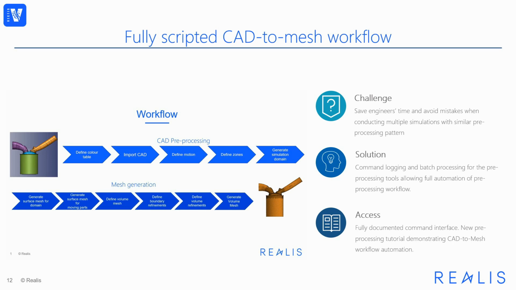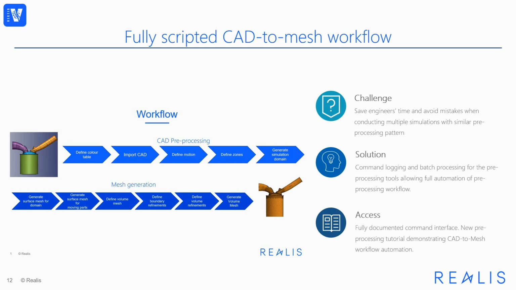The automation of complex workflows can save time, but can also help avoid user errors which can lead to delays in simulations. In this release, we are introducing a new fully scripted CAD to mesh workflow. It is enabled by command logging and batch processing in our geometry pre-processing solution.